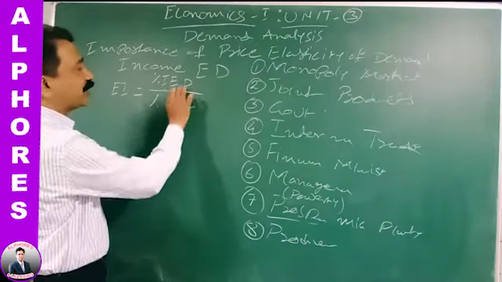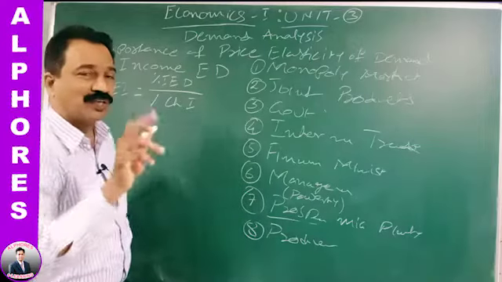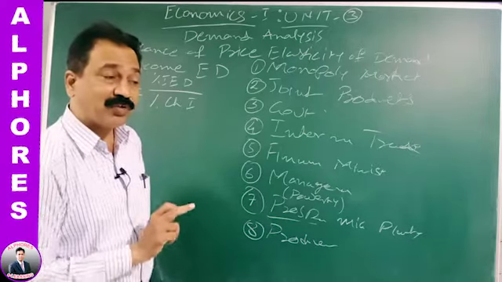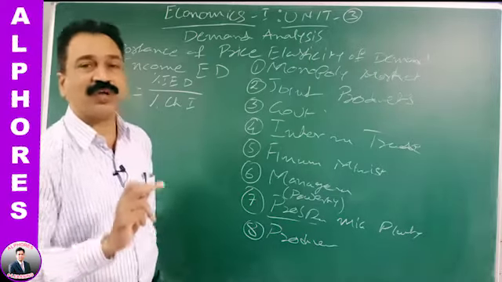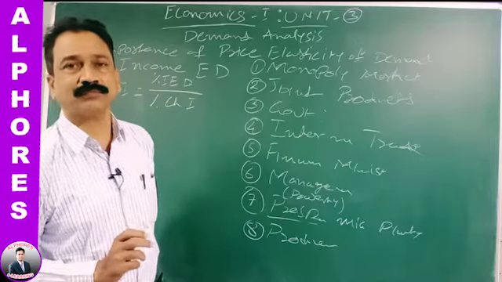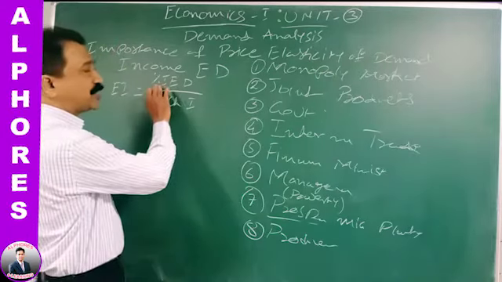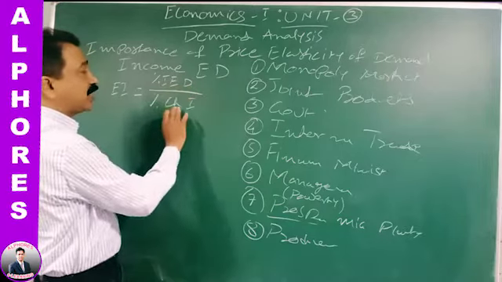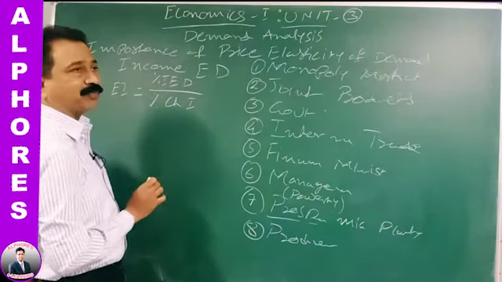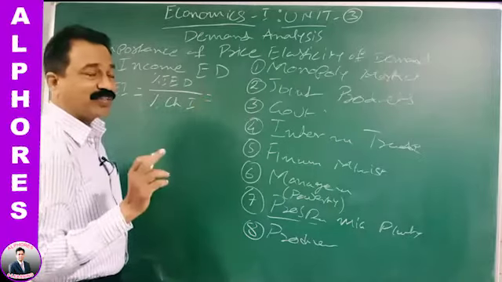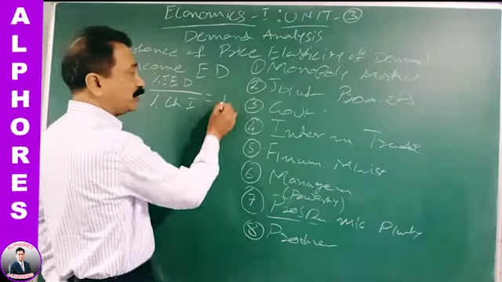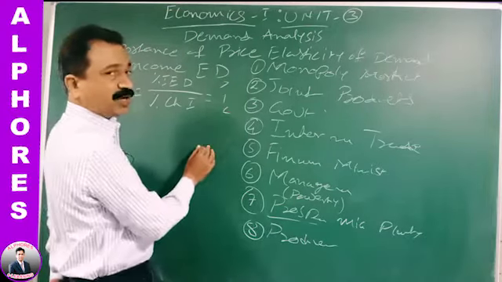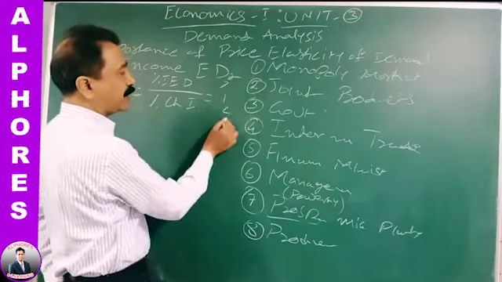With that we can come to a conclusion whether it is relatively elastic, unit elastic, relatively inelastic, or zero elasticity. So always the percentage change in demand by the percentage change in consumer income. With this we will get whether it is equal to 1, greater than 1, lesser than 1, infinity or 0.